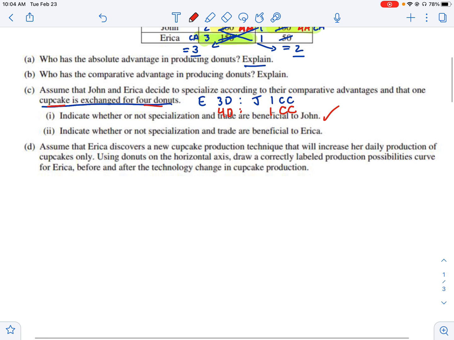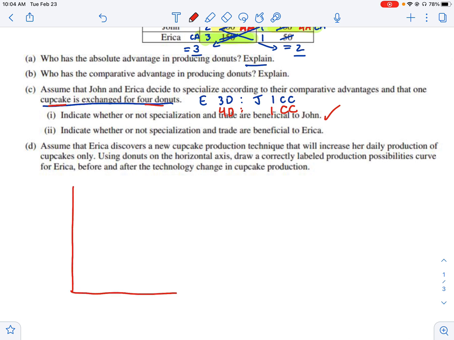Lastly, we had to draw a production possibilities curve, and they give us specific directions on how to make our graph. We want to have donuts on the horizontal axis, or the x-axis, and cupcakes over here. I'm just going to make a nice concave PPC right here showing the production.